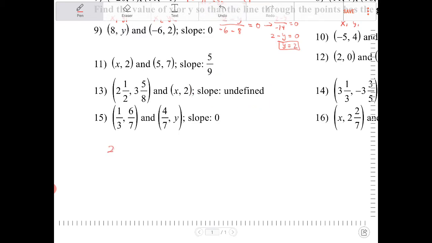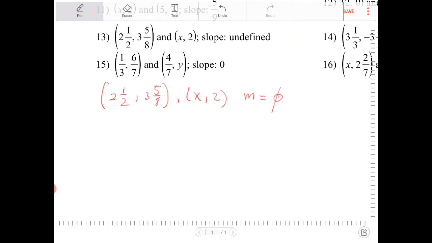So if I have 2 1/2, 3 5/8, and we have x comma 2, and this has a slope that is undefined, right? So what does it mean to have an undefined slope? A line with an undefined slope means that the two coordinates are stacked one on top of the other.